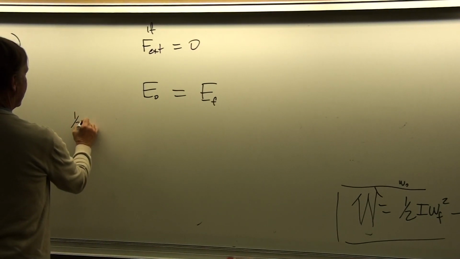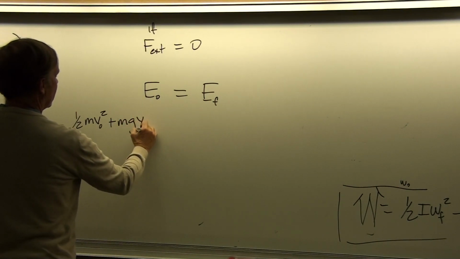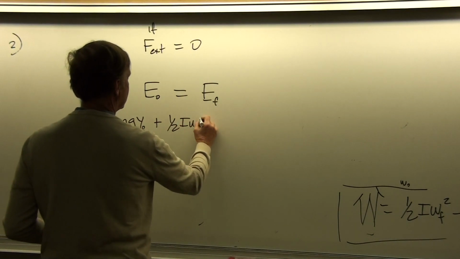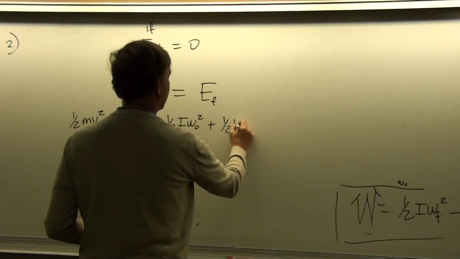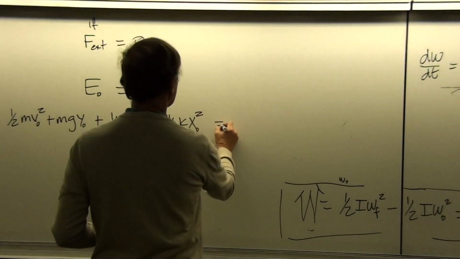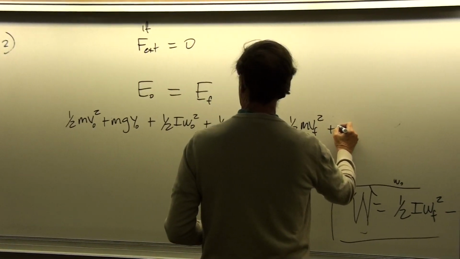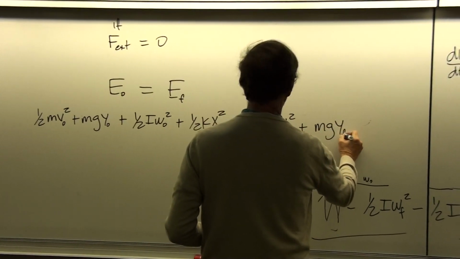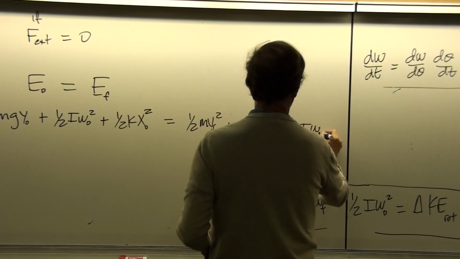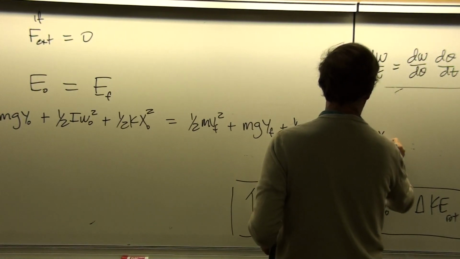So we can write this as 1/2 mv0 squared plus mg y naught plus 1/2 I omega naught squared plus 1/2 k x naught squared, if we have springs in the problem too, equals our final energy, 1/2 mv final squared plus mg y final plus 1/2 I omega final squared plus 1/2 k x final squared.